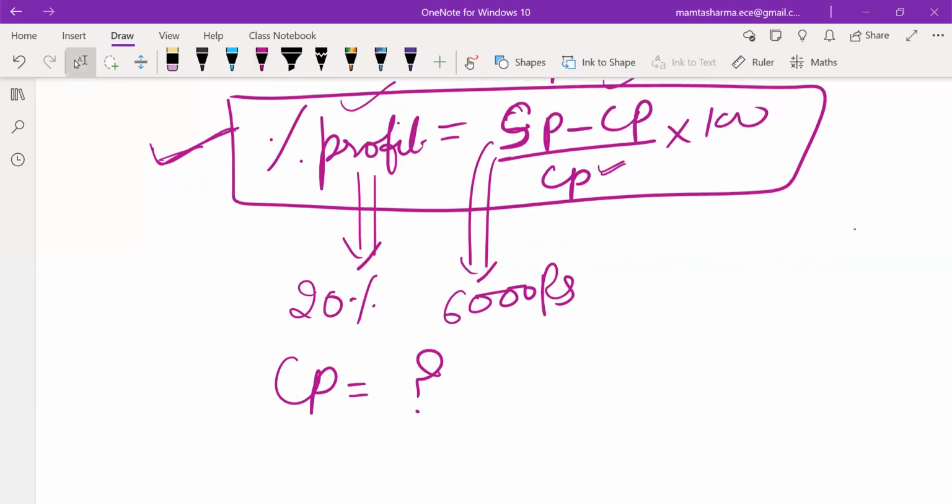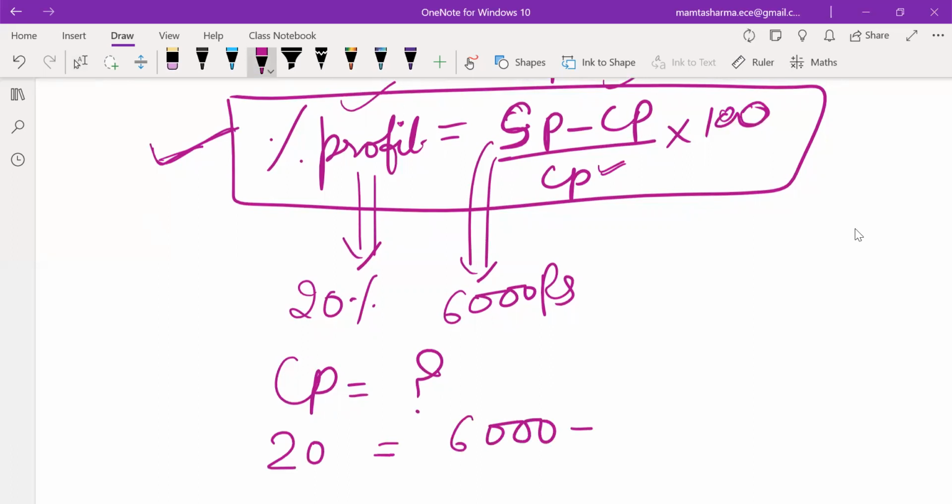Yes, ma'am. Doing it. Put the values of all the given variables. SP is 6,000.